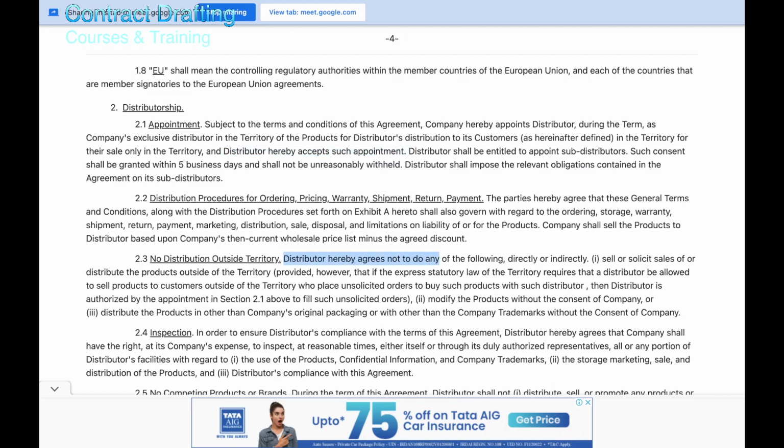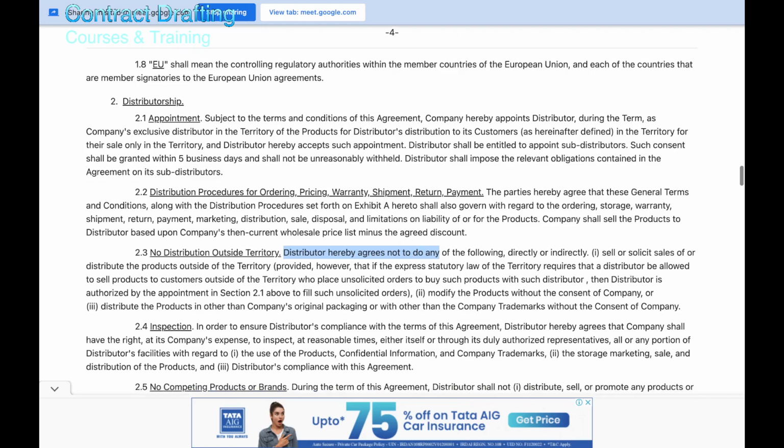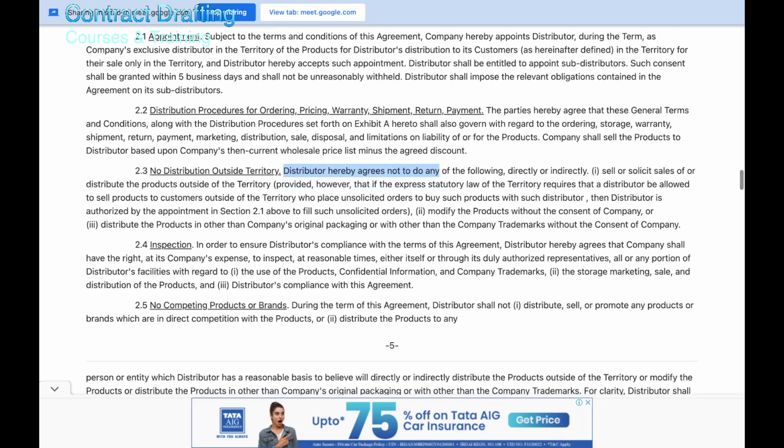So these conditions clubbed with the obligations become a clear statement of what the distributor is expected to do. Now, as we discussed the inspection or audit clause, similar to that, there is an inspection clause.